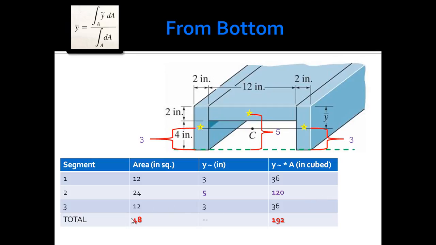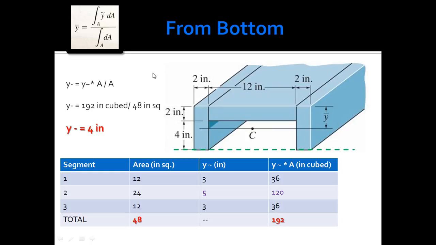So our total area is 48. That stays the same because area doesn't change. But because we changed our reference, our y squiggle times A is now 192. So when we plug it back into the formula, it becomes 192 over 48, and that gives us 4 inches.